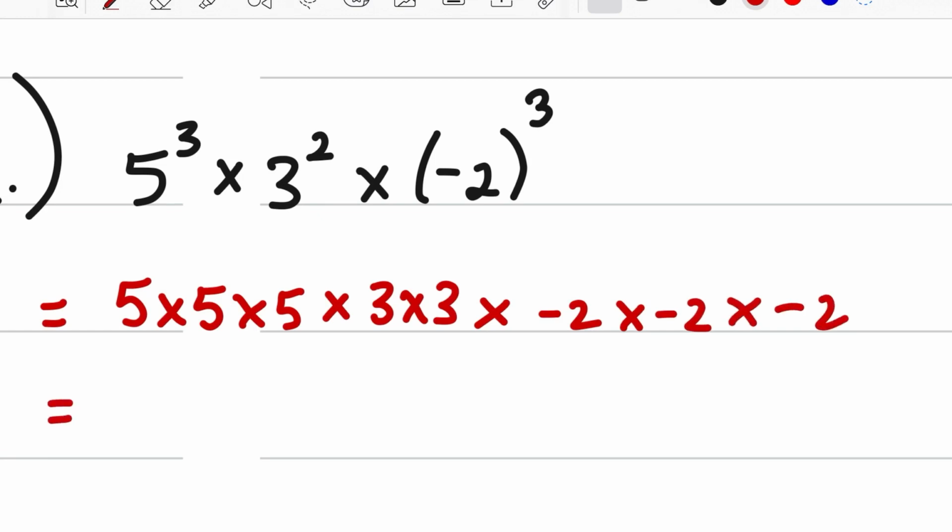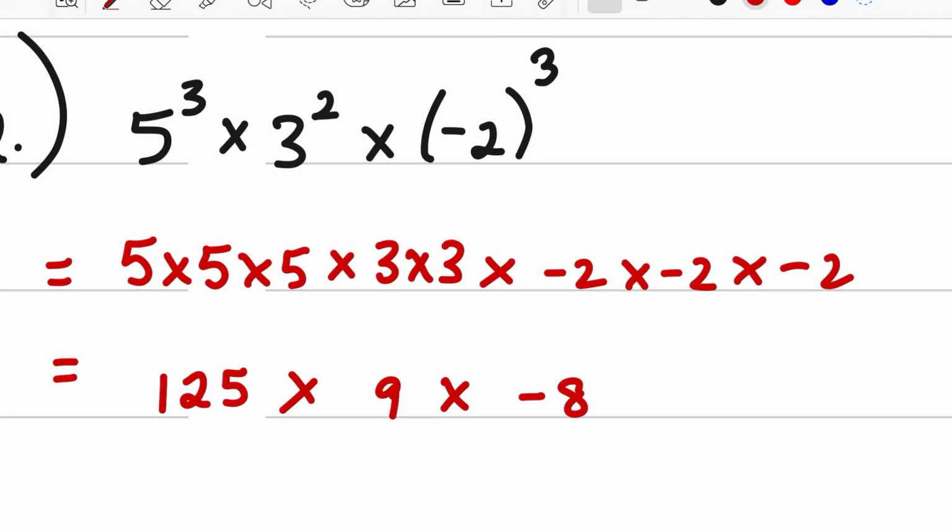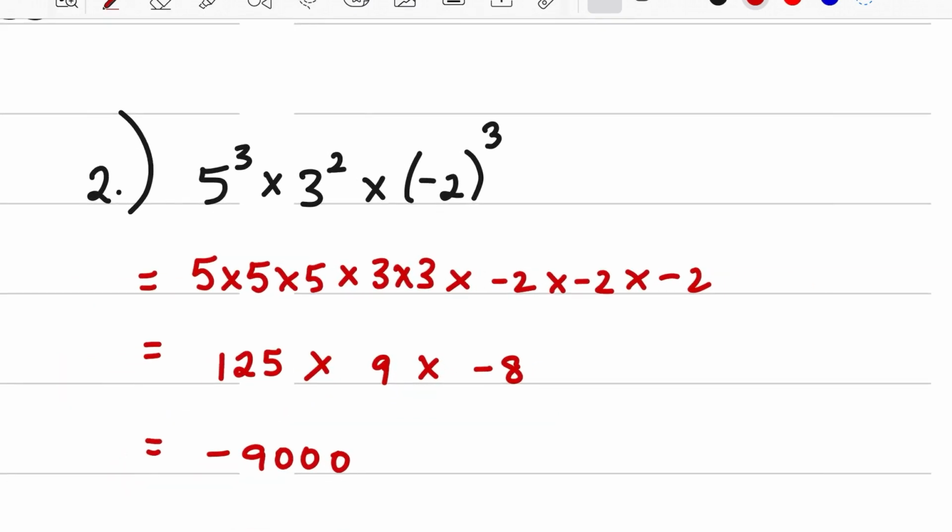We know that 5 cubed is 125, 3 squared is 9, and minus 2 cubed, again, a negative base raised to an odd power is going to be a negative result. So minus 2 cubed is minus 8. Let's work this out. 125 multiplied by 9 multiplied by minus 8 is minus 9,000. And this is your answer for question 2.